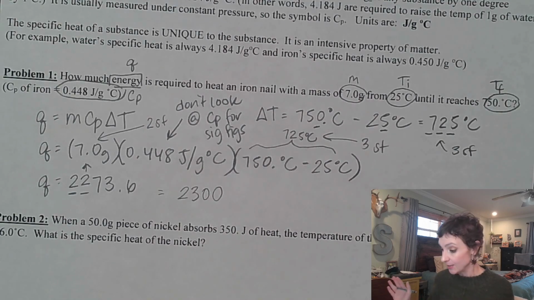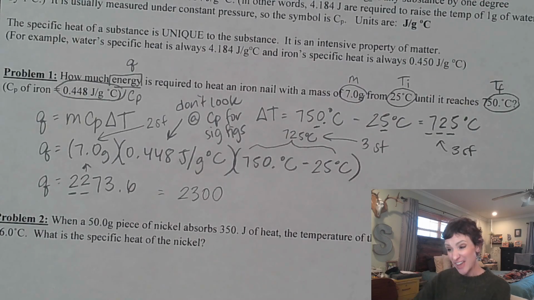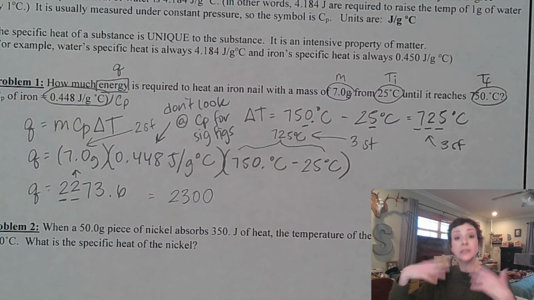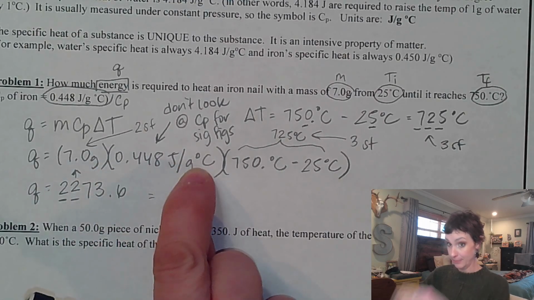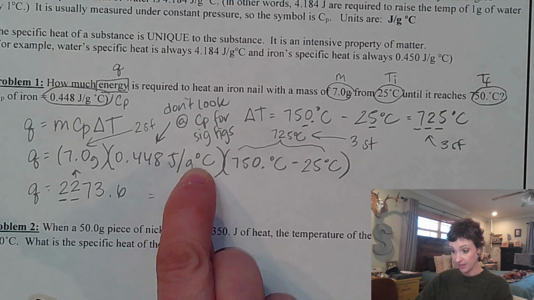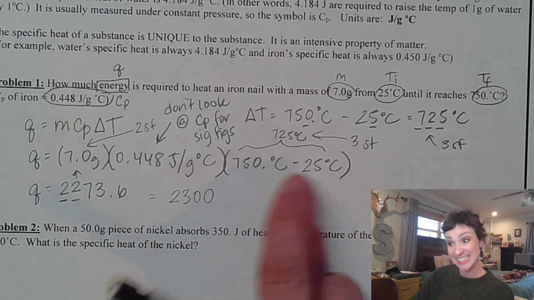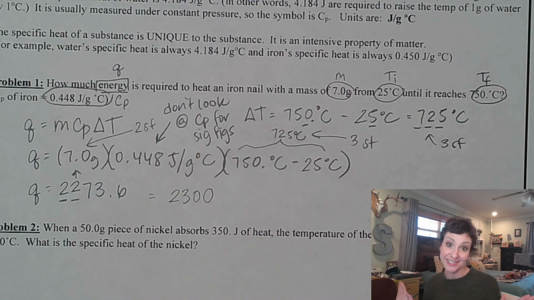They are not. Okay, so you're like, oh gosh, now what units do I need here? Well, you can either memorize what everybody's units are, or, because I made you write the units in here, the units just spill out onto you. If I have grams here and I'm dividing it by grams from this specific heat value, the grams disappear. Also, if I have a degree Celsius here and I'm dividing it by degrees Celsius, guess what? Degrees Celsius go away.